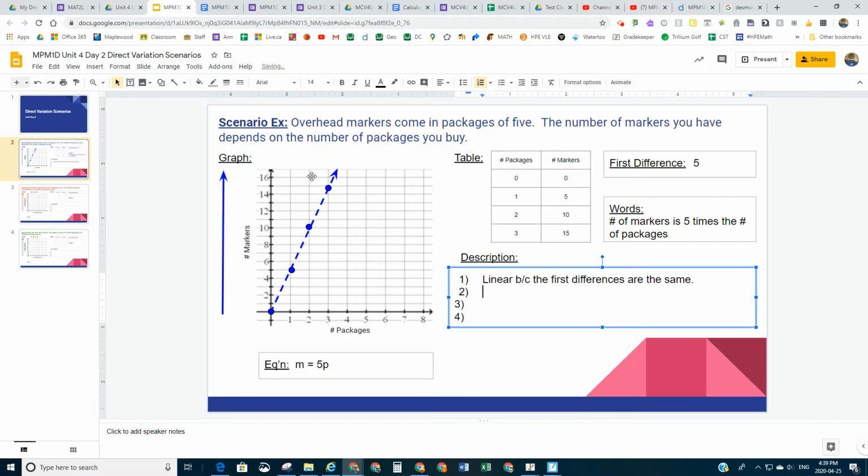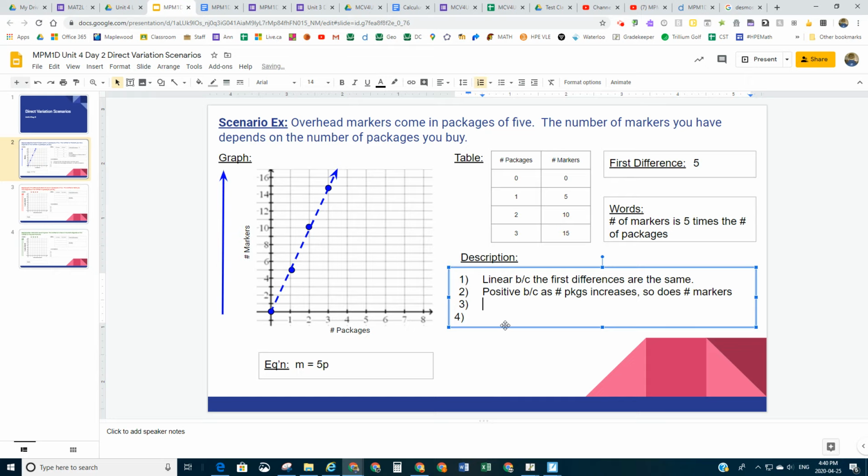So I think it's pretty safe to say this is a positive correlation. It's going up. So it's positive because, again, B/C, because as the number of packages increases, so does the number of markers. As this increases, so does the markers. So it's increasing, which means it's positive.